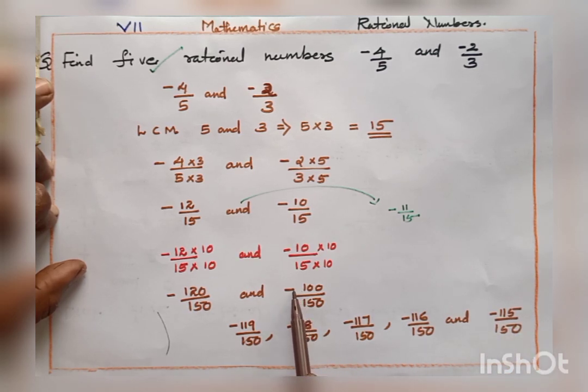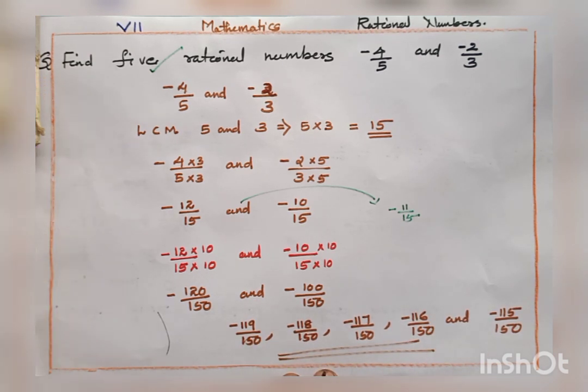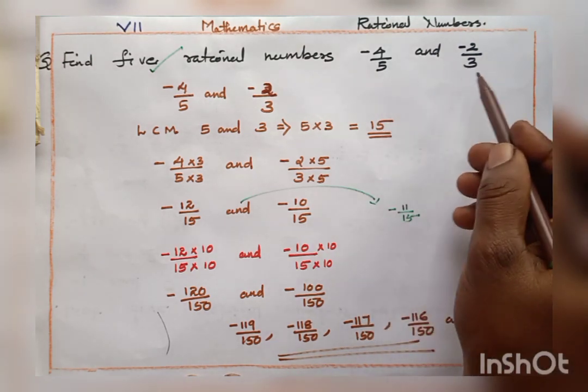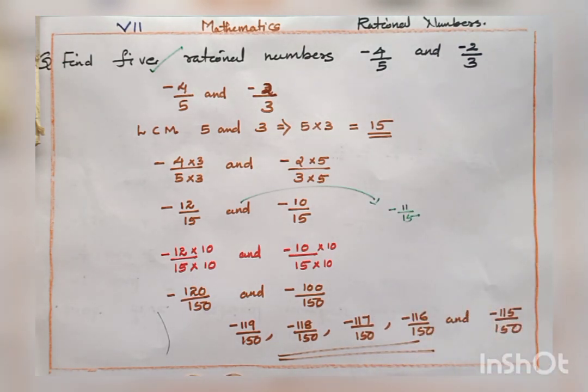Or we can take minus 101 by 150, minus 102 by 150. Select any 5 rational numbers of your choice in between. We know that given 2 rational numbers, we can find infinitely many, or uncountable, rational numbers in between.